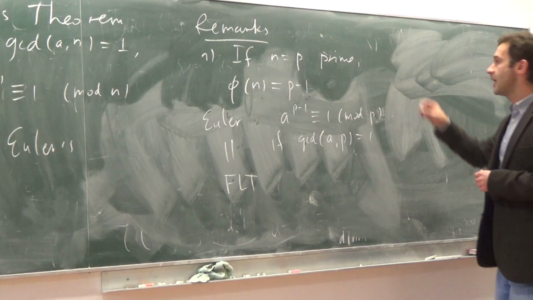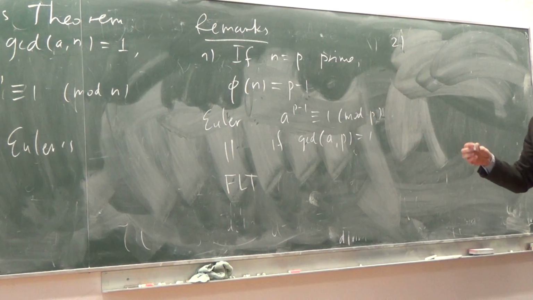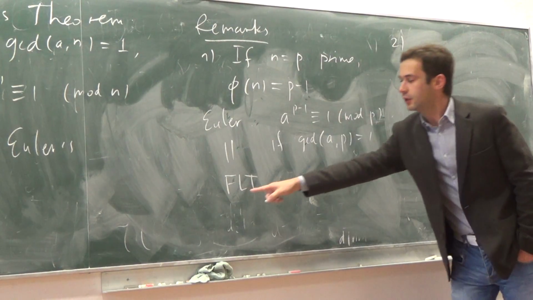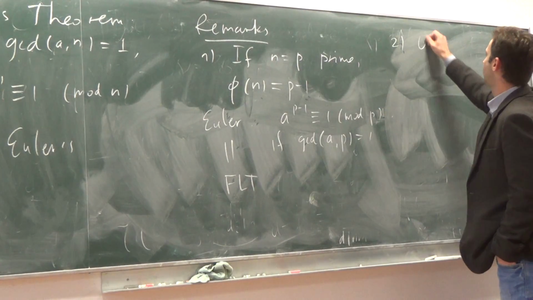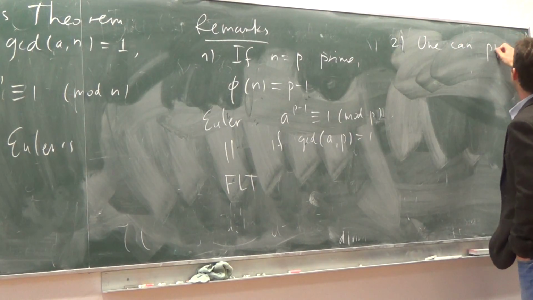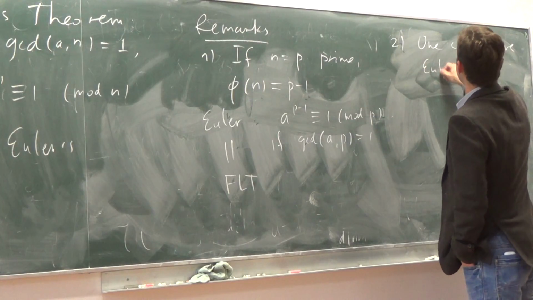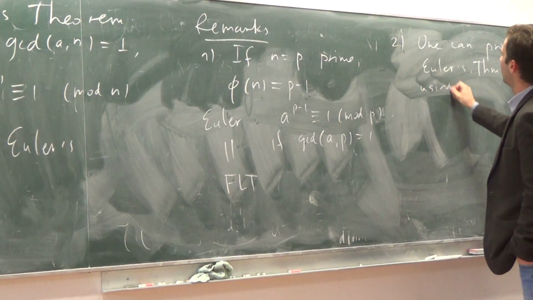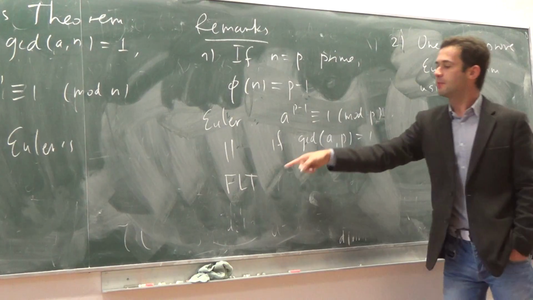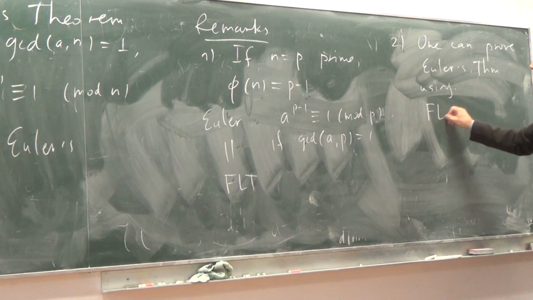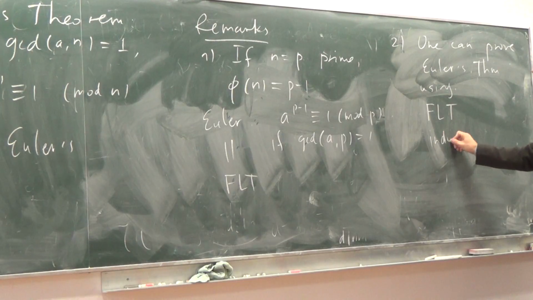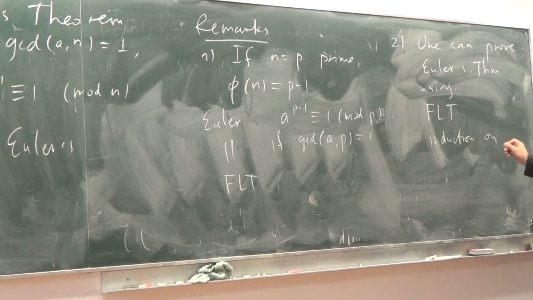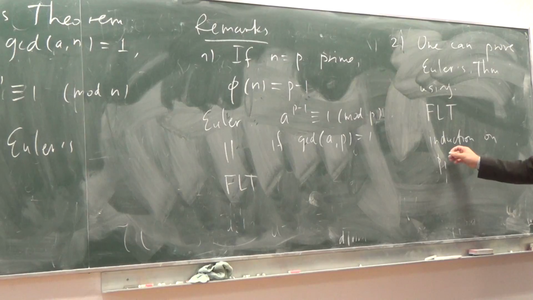And in the same kind of direction, if one assumes Fermat, one can prove Euler's theorem using the following ingredients: Fermat's little theorem, induction on the number of primes, and also the Chinese remainder theorem. In general my n will be factored, so this connects also to last week.